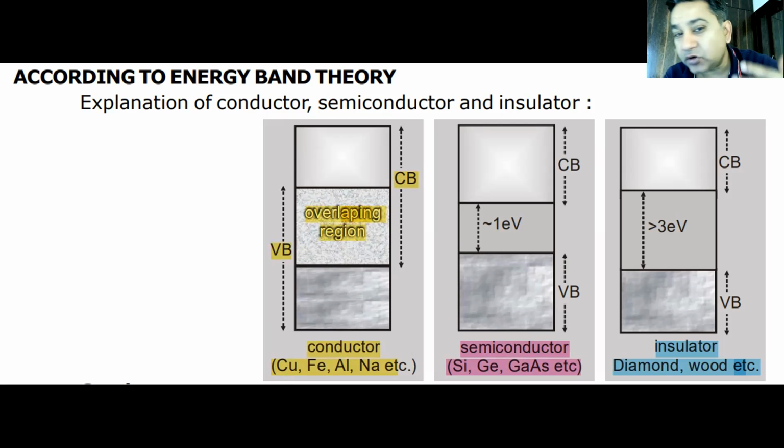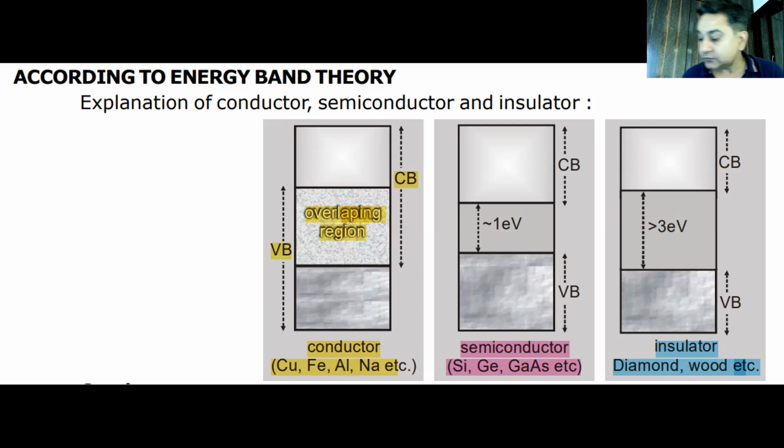A large number of electrons can be present in the conduction band because both the energy levels are overlapping, and therefore the electron can easily be present in either band. As soon as the electrons are there in the conduction band, we'll have good conductors. Do you understand this?